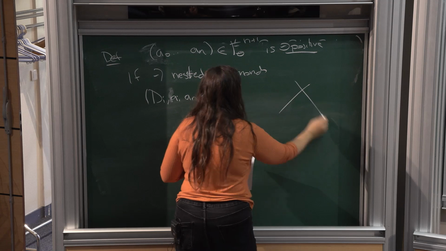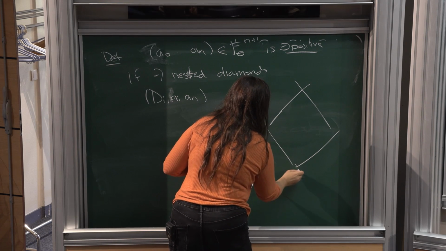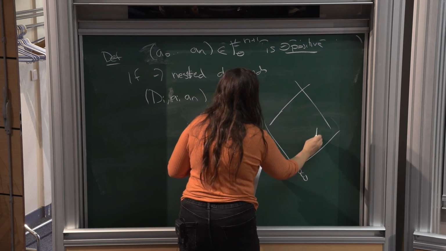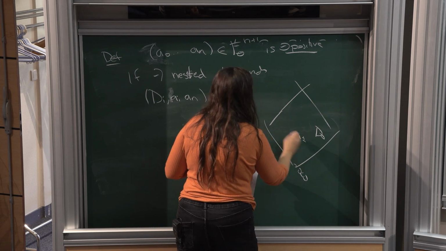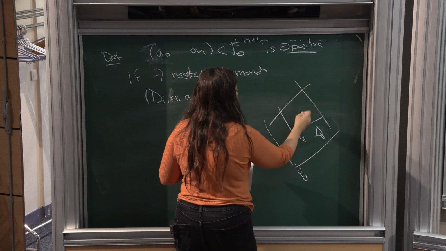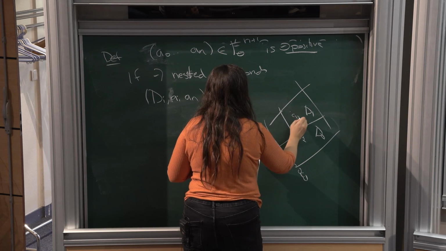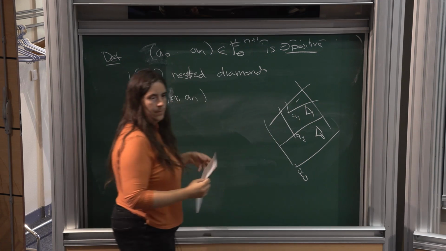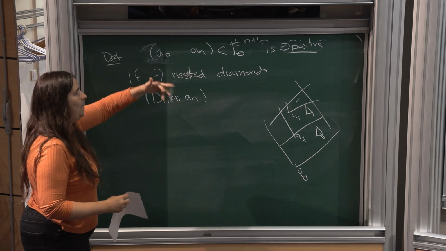So meaning that I start from a0, I choose a diamond d0, I choose a point a1 in d0, then I have a diamond d1, and I have a2, and so on and so forth. So this is the analog of being cyclically oriented.